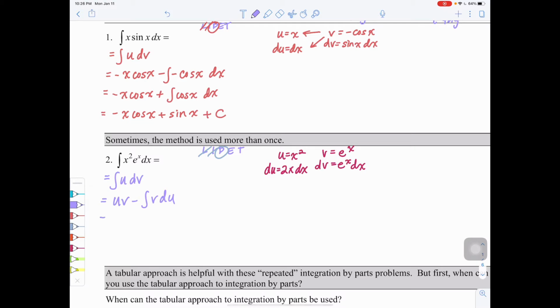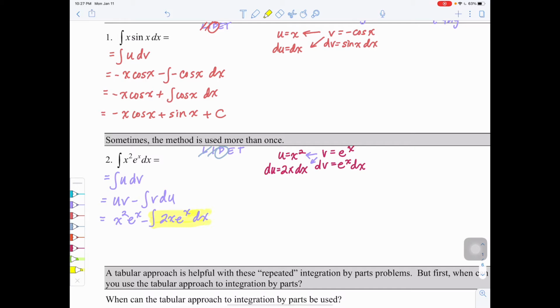I should have probably written that in number 1. And that's just x squared e to the x minus the integral of 2x e to the x dx. Well, everything's fine with the x squared e to the x, but what do you notice?